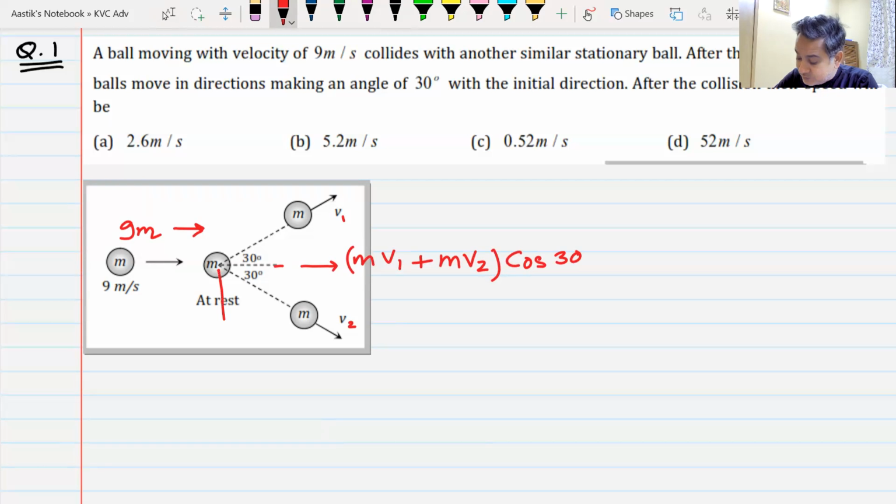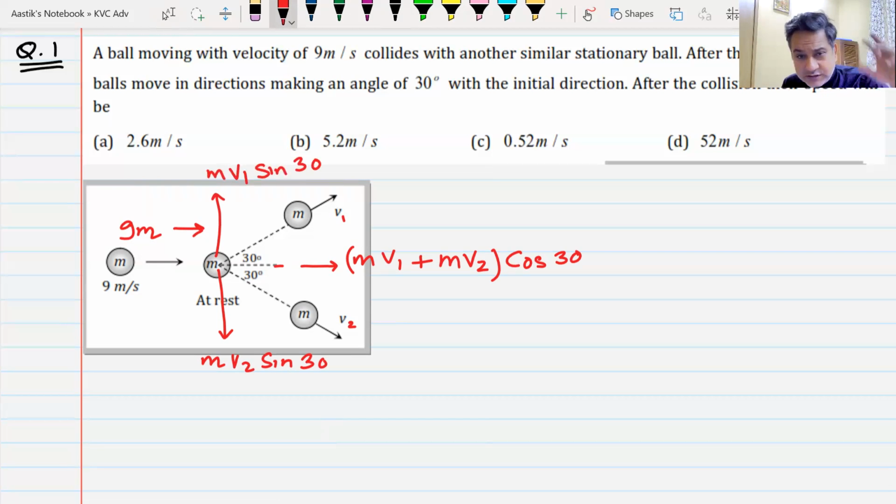If I apply momentum conservation along y, this will be m v2 sin 30, and this will be m v1 sin 30. Yes or no? Yes, sir.